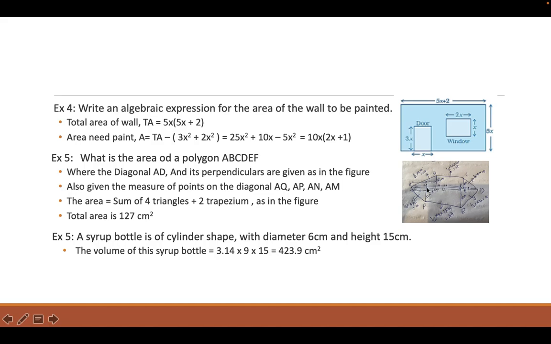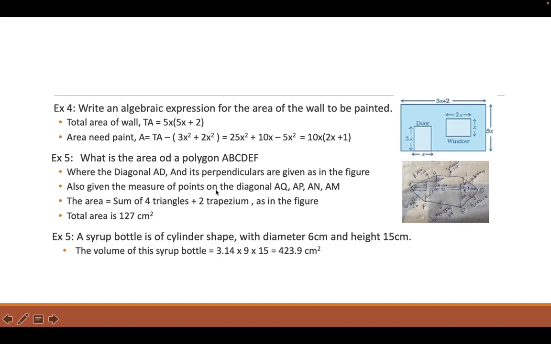So you will just break it into bits and pieces. This triangle plus this rectangle plus this triangle, maybe this is a rectangle or a quadrilateral, and then this is also a triangle. You can see that there are four triangles and two quadrilaterals, so just sum them and you will get it.